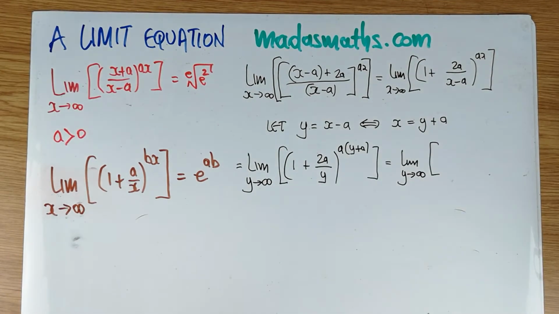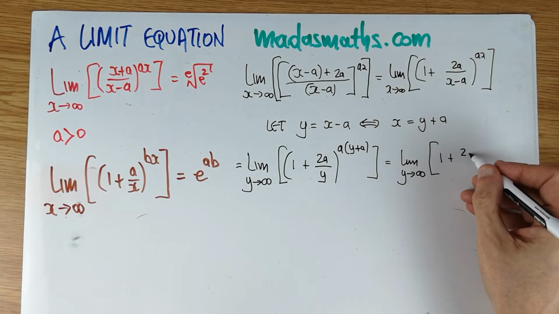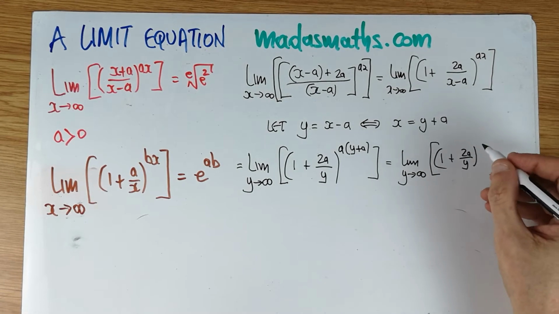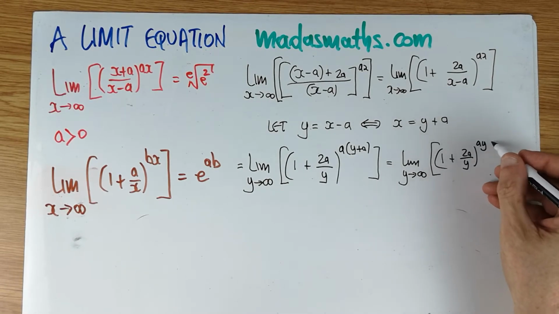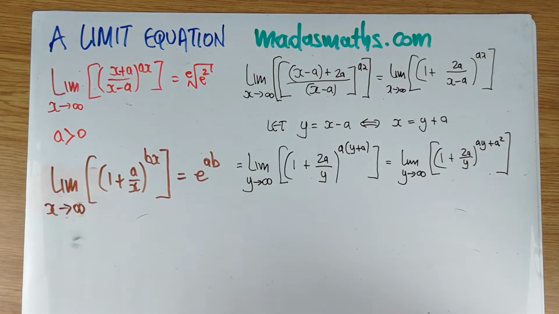Let's continue a few more lines and see what happens. That is 1 plus 2a over y, and the bracket now will be ay plus a squared. And let's think about what we're going to do with something like this.